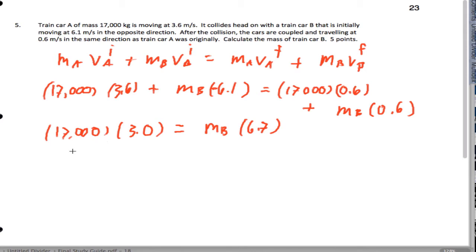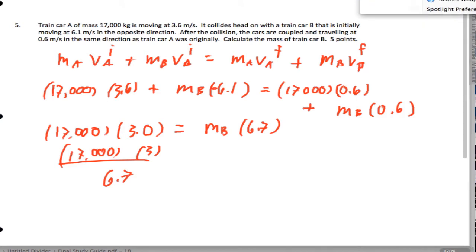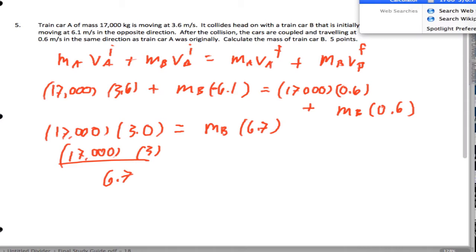And so when I go ahead and solve, I'm going to get 17,000 times 3 divided by 6.7. And when I do that math, I'm going to end up getting 7,612 kilograms.